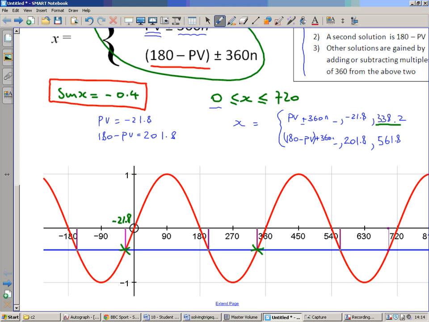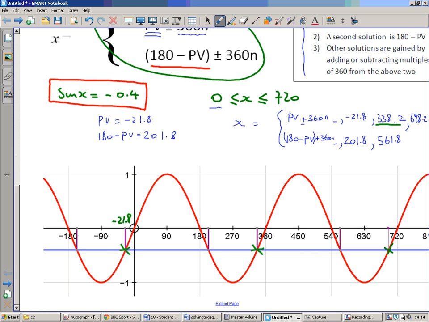At this point, you may have realized we haven't got all of our solutions, because there's this one. We can add 360 again to this solution to get the next one, which is 698.2.